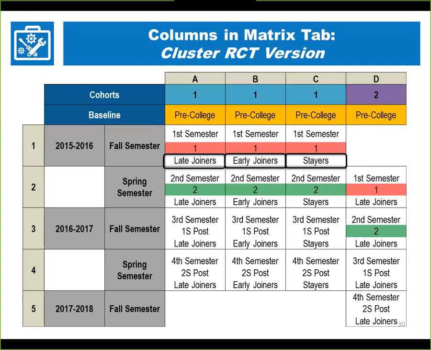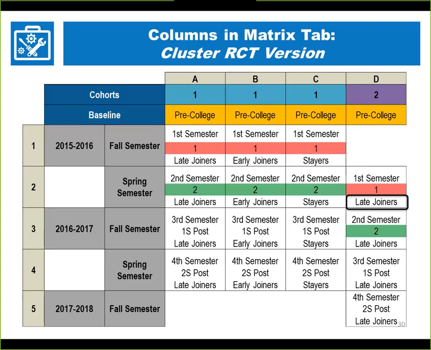All subsequent cohorts of students are late joiners because the students enter the clusters well after random assignment, at least 1 semester later. In this example, the second cohort of first semester freshmen appears in column D, and the cell number D2 is labeled late joiners.